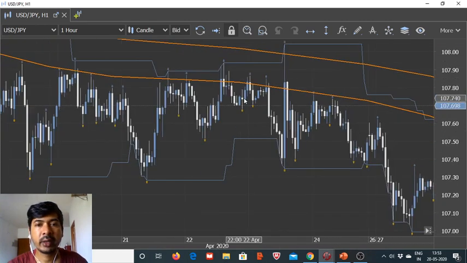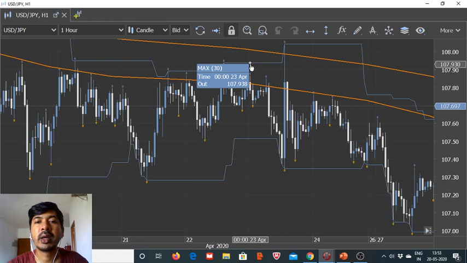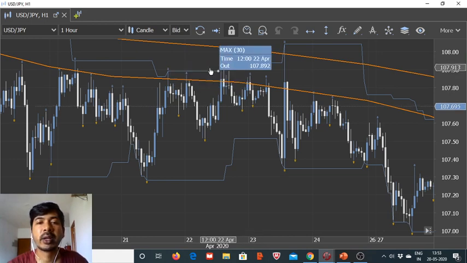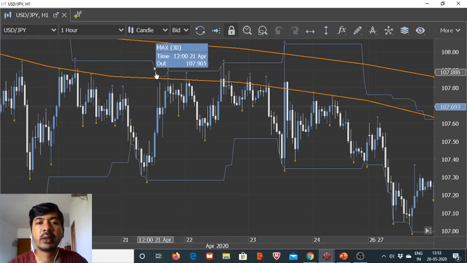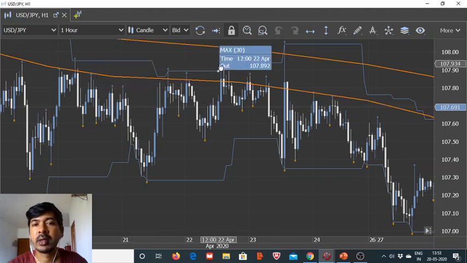And I think maybe around this time our requirement might be fulfilled, but then the current maximum value should be greater than the maximum value 29 hours back. That means we need to go back in time, and that might not be the case here.